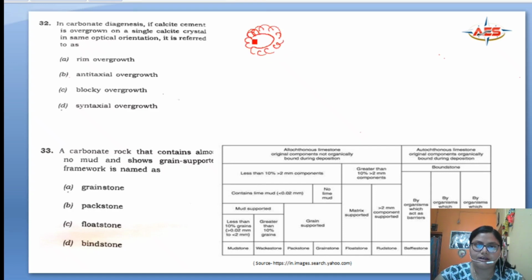Okay, these granular aggregates have grown around the central crystals. These grains of the cement, they do not have any optical continuity with the crystal. They are called as rim overgrowth. In the case of blocky overgrowth क्या होता है?